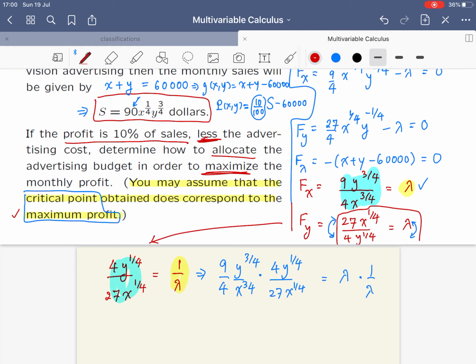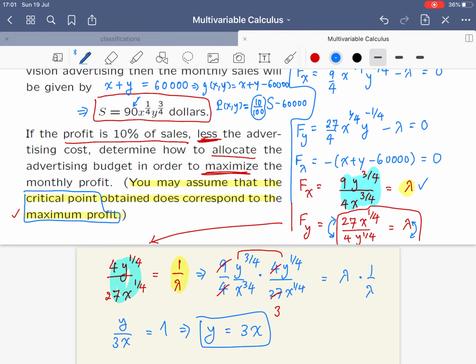Then all the 4s cancel. This one is a 3, and your y combines to be a single y, and your x also combines to a single x. This one is 1, so it means that y is actually 3x.